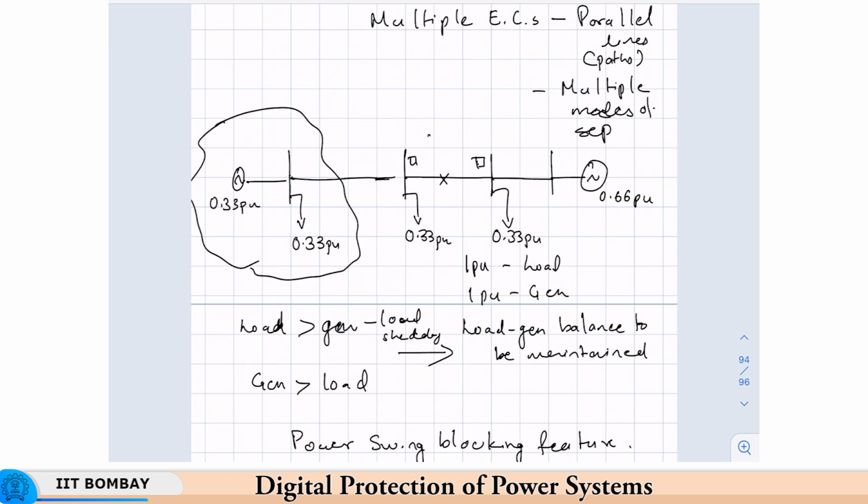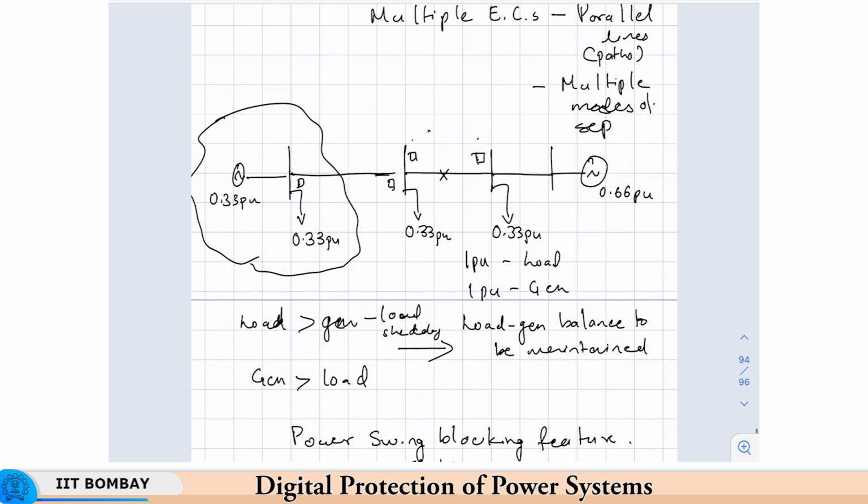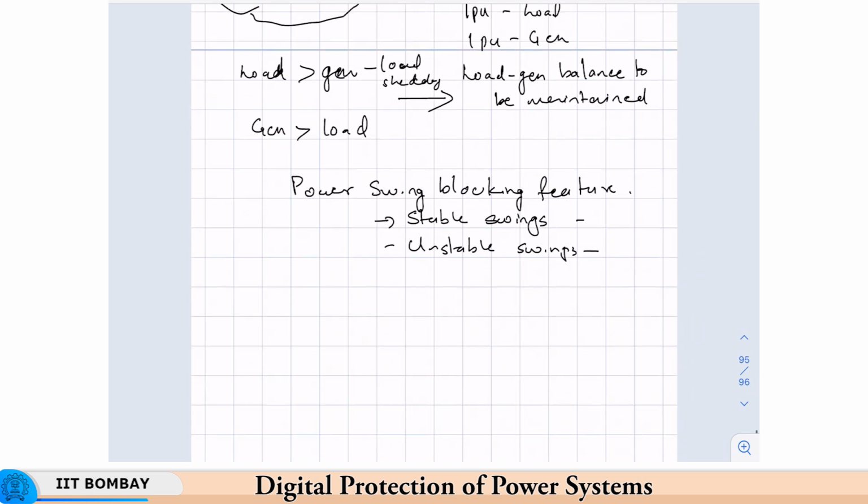So, once you have blocked these two relays, you also have to issue a trip command via these two relays here. So, you have to do what is known as out of step tripping to accompany the out of step blocking.